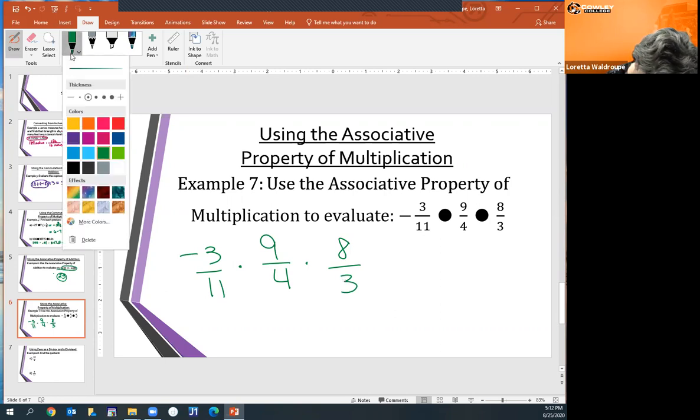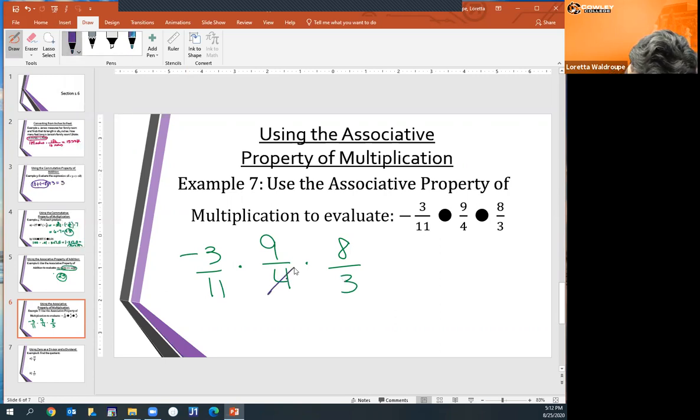Well, I can see that 4 goes into 8 and leaves a 2 and a 1 with the 4. 3 goes into 3 and leaves a 1 on each of those. So multiplying across, negative 1 times 9 is negative 9, times 2 is negative 18. 11 times 1 is 11, times 1 is 11.